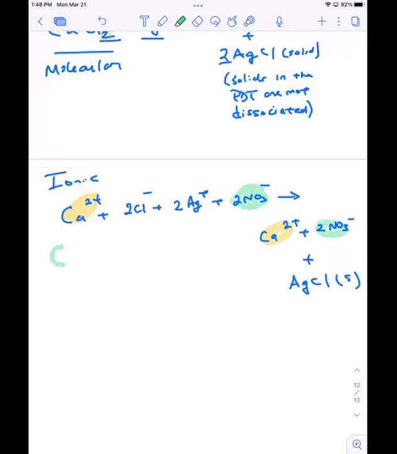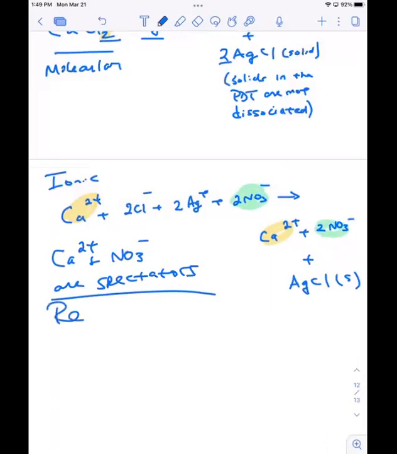So calcium and nitrate, those are spectators. So we want to remove those to write the net ionic equation.